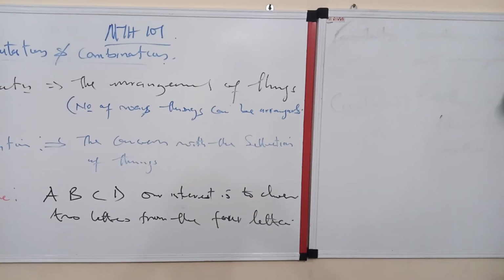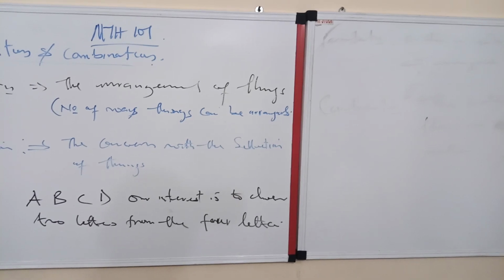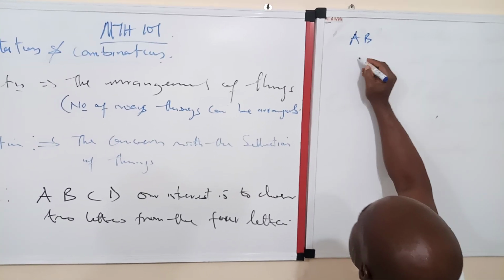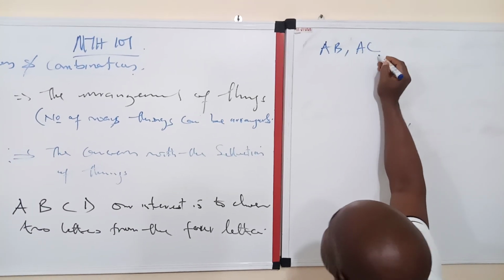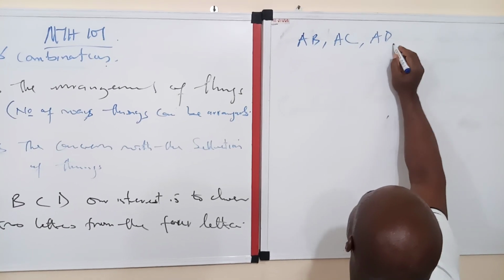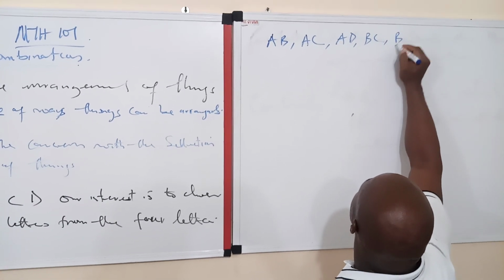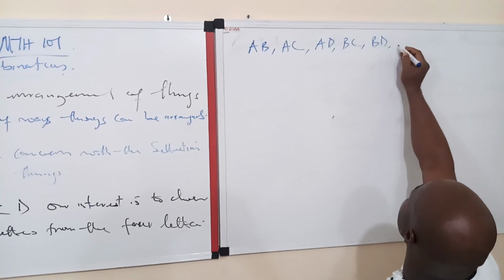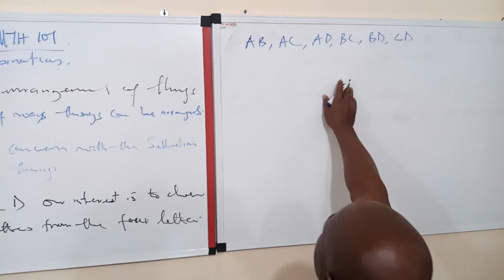We can continue by writing A, B as one arrangement, A, C, A, D. We can also have B, C, B, D, and C, D in terms of arrangement.